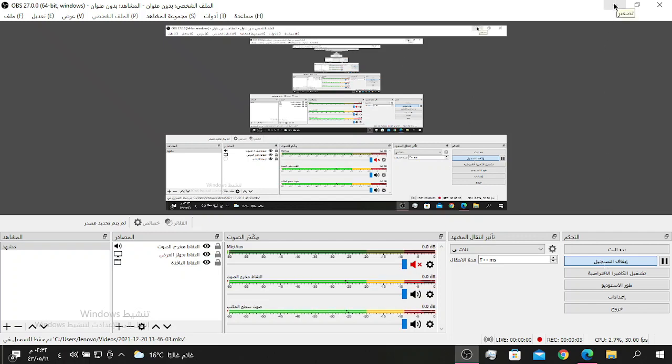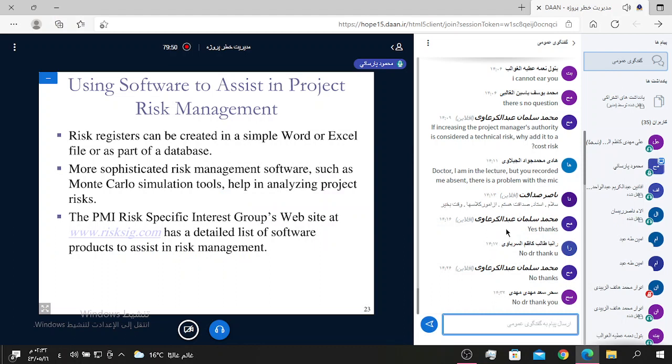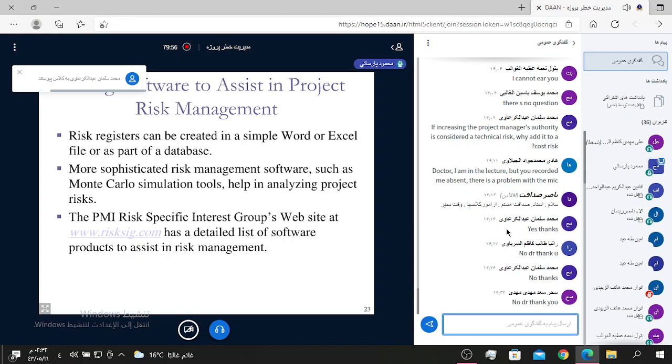Okay. The first part, the risk registers can be created in a simple Word or Excel file or as part of a database. The risk register is a table we discussed in an earlier example.